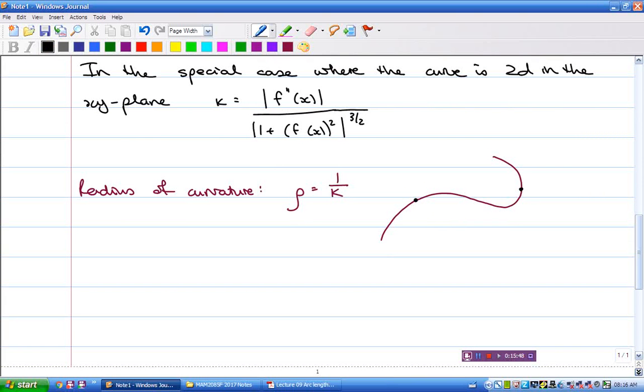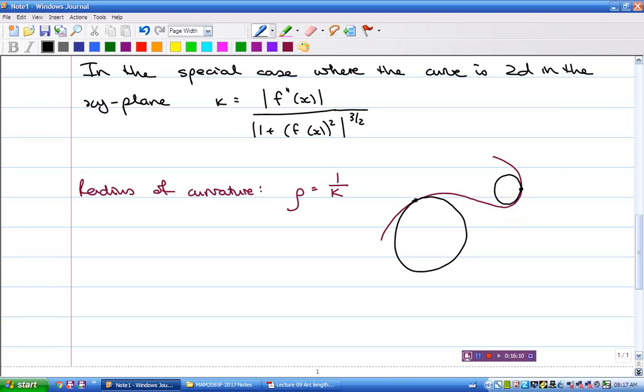Another way of thinking about it, imagine you've got a bubble and you're blowing the bubble and you want the bubble to be as big as possible, but just snugged up against that curve. Your radius of curvature is basically the radius of that circle. Okay, one is a big radius, one is a small radius.